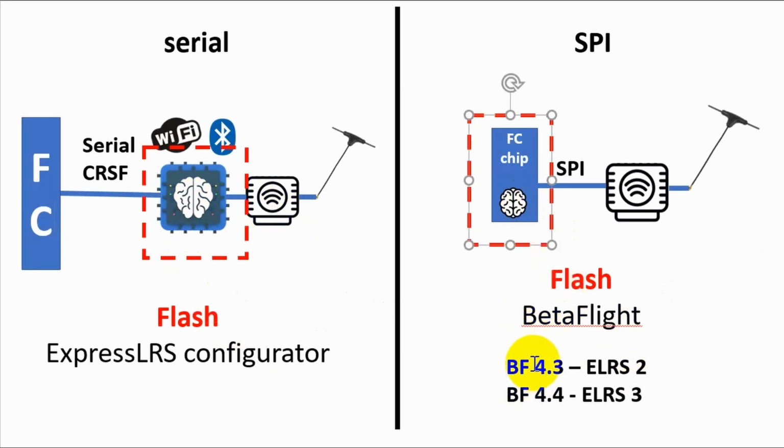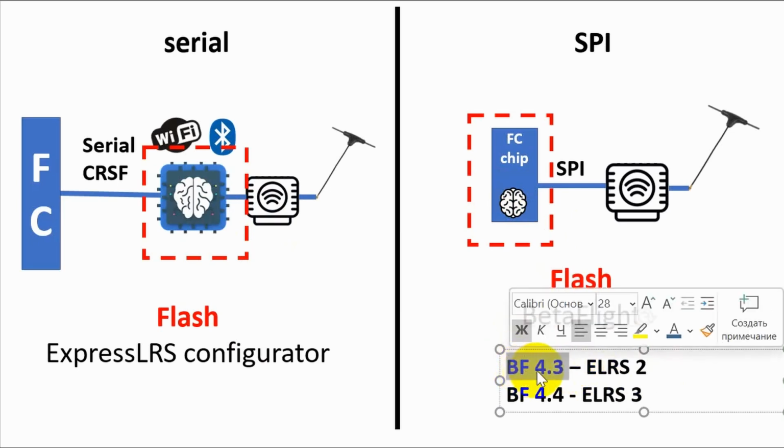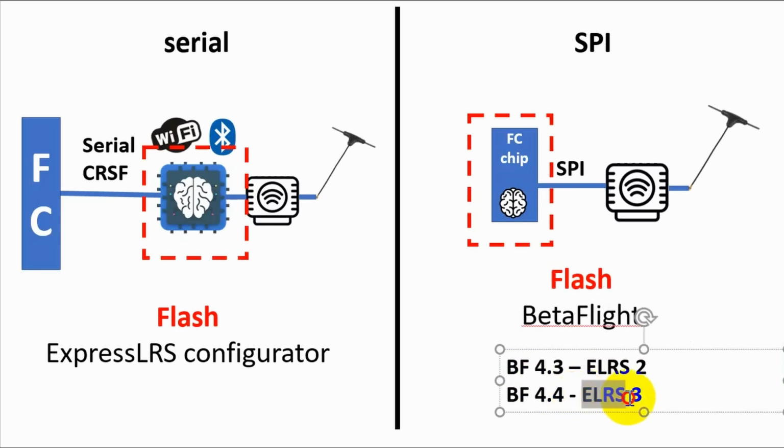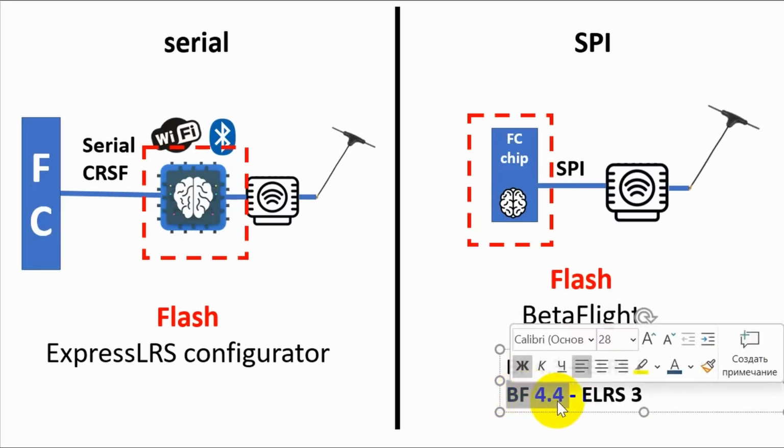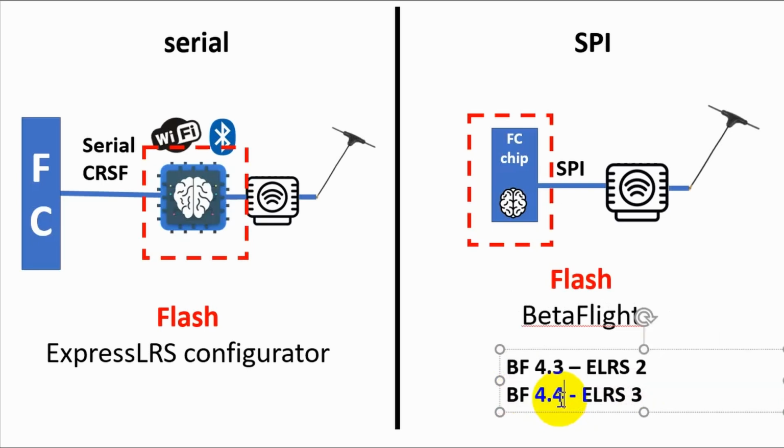And please keep in mind that as the logic is integrated into the Betaflight software, we should remember that ExpressLRS version 2 was used for Betaflight 4.3 and earlier. And if you want to use ELRS 3, then you have to flash with Betaflight 4.4 or later.